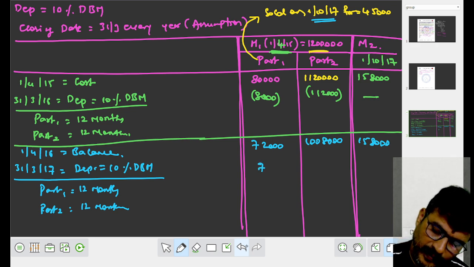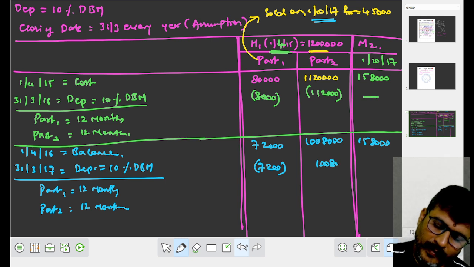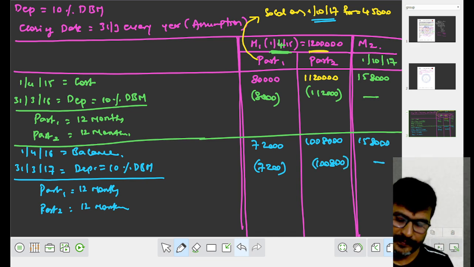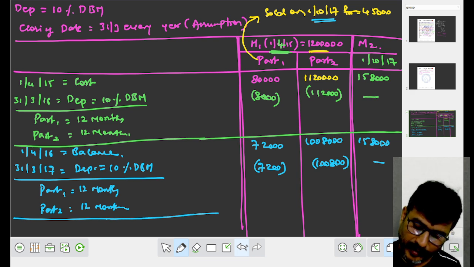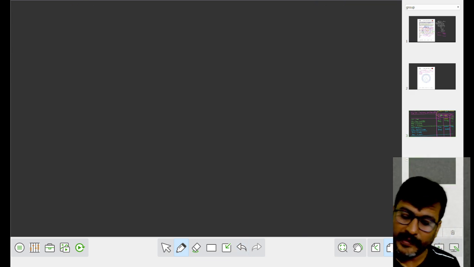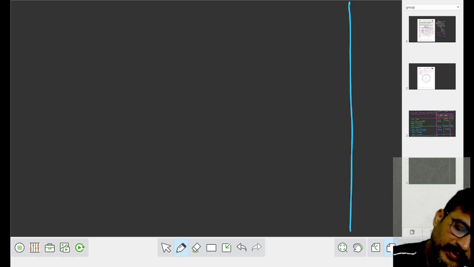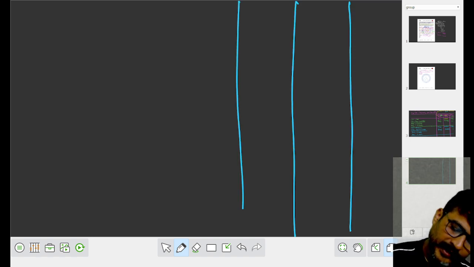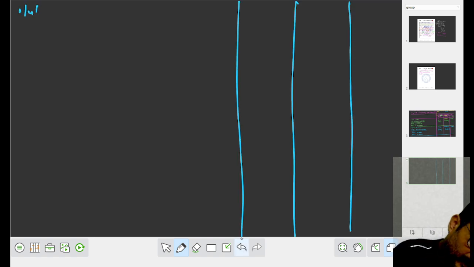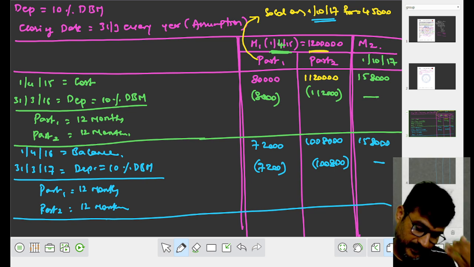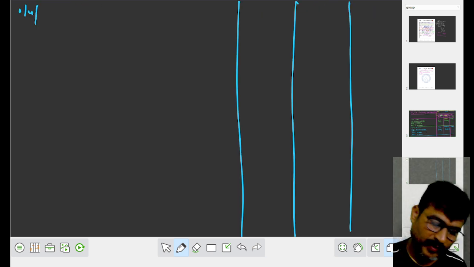It comes to 7,200 and 1 lakh 800. Now we have to work out the balance. The balance is to be worked out on what date? 1st April 17, which means we go on to 18.